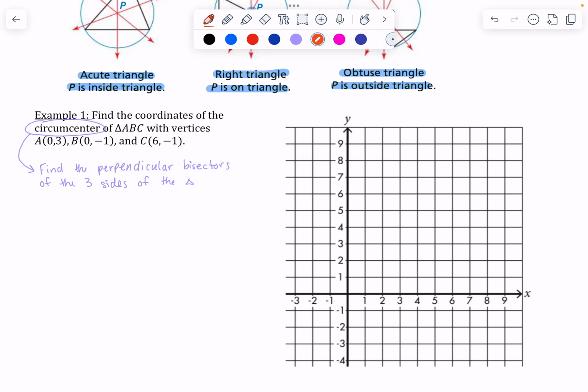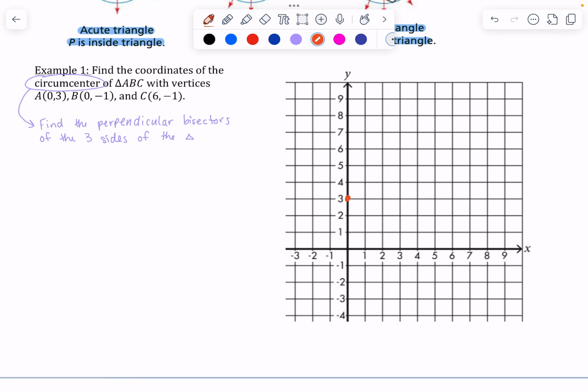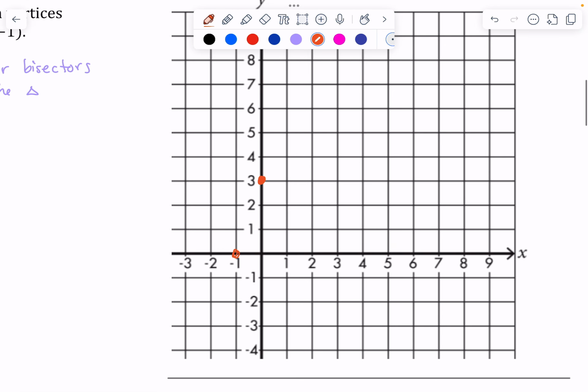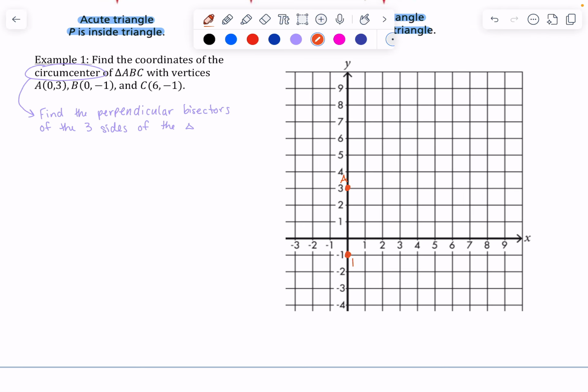So we have 0, 3, which is here. 0, -1 here. And lastly, 6, -1. Oh, wait a second, I plotted that one wrong. 0, -1 is here. And then 6, -1 is here.